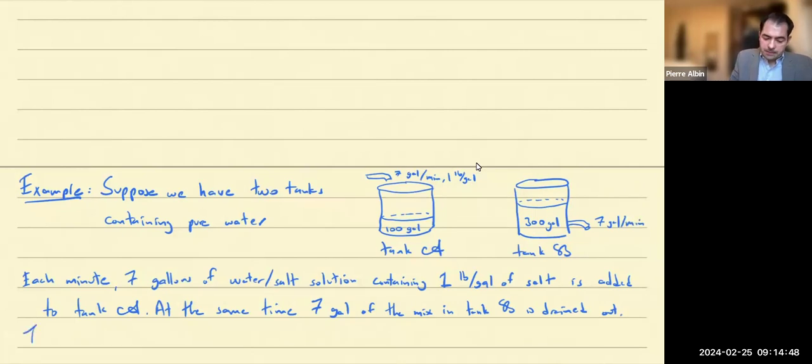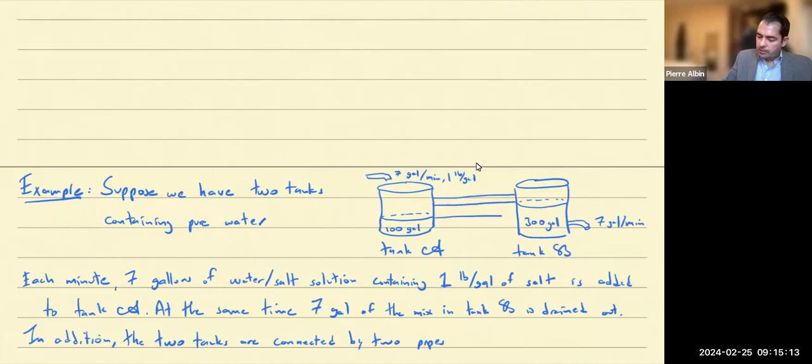In addition, the two tanks are connected by 2 pipes. So we have 1 pipe connecting here, 1 pipe connecting here.